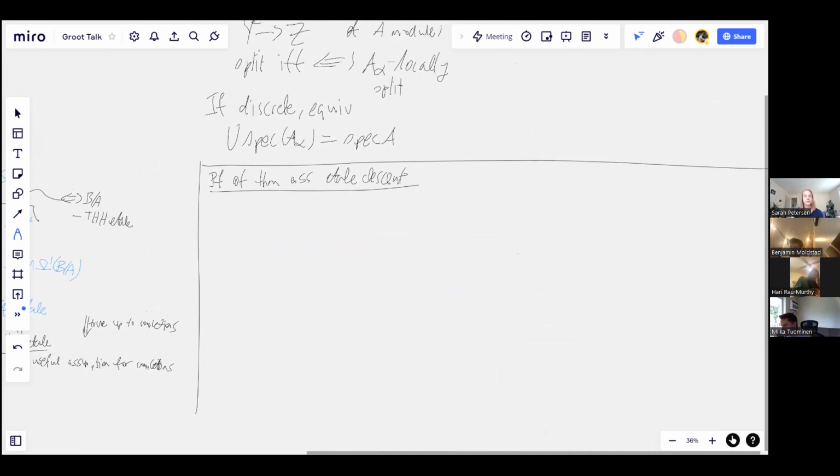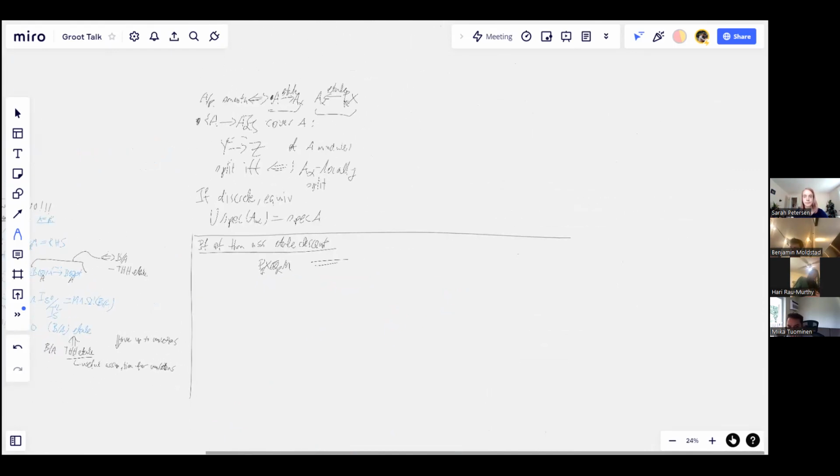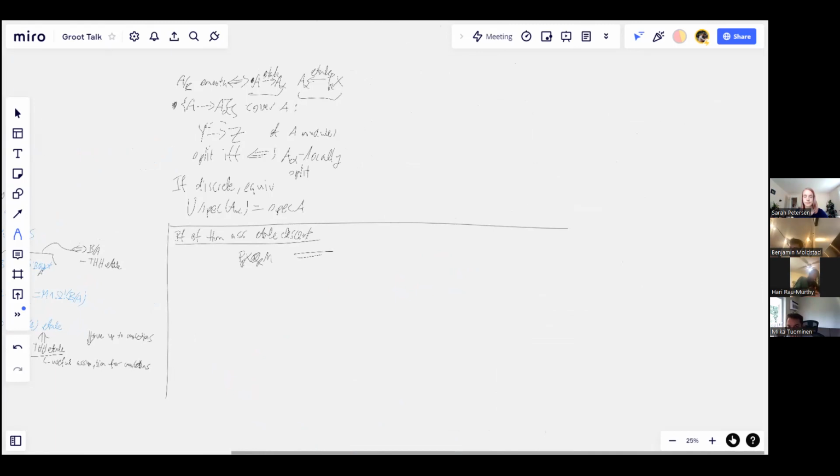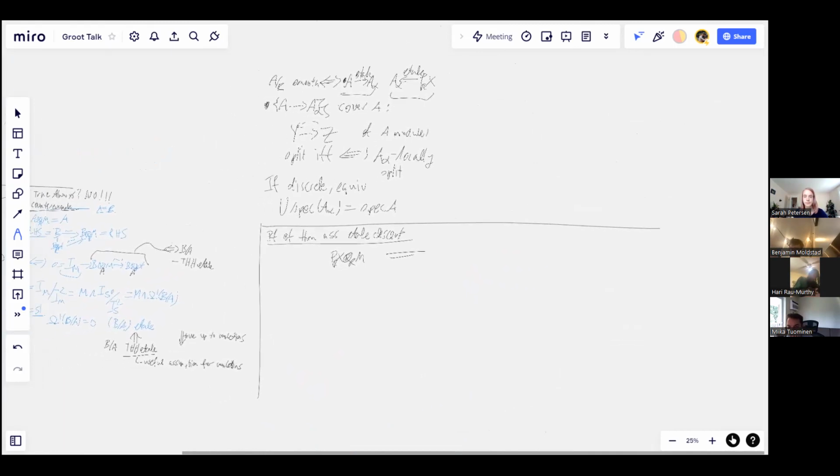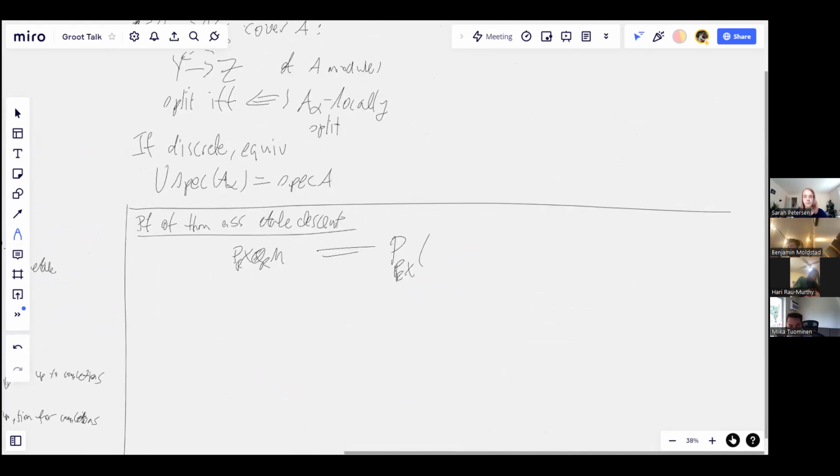It says that my polynomial algebra tensor over R with M is equal to a polynomial algebra over A of M smash omega 1 over omega 1 of my polynomial algebra over R.